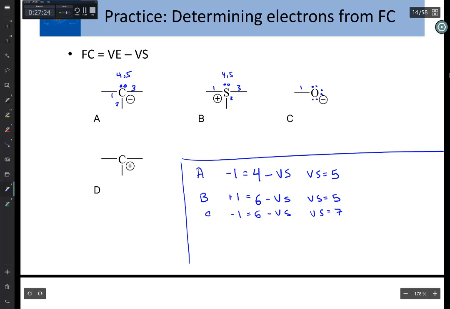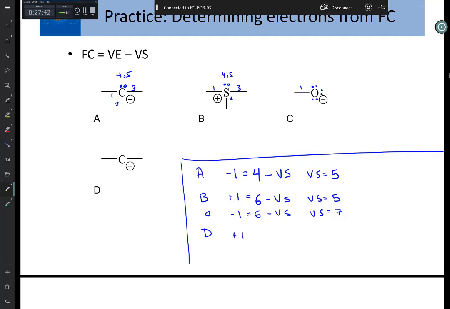And when you're done, most of the time, not all the time, you're satisfying an octet. D is the only one on this page that doesn't, actually. So what's the formal charge there? It's +1 again, right? And then I have, sorry.